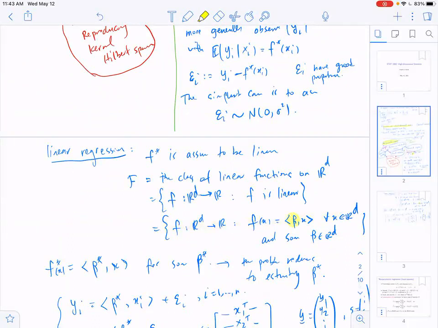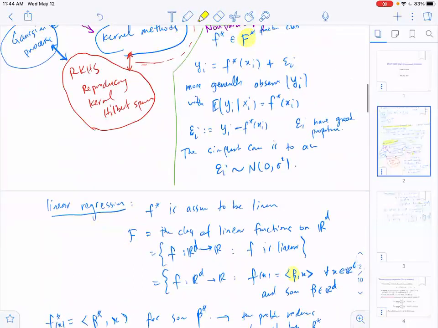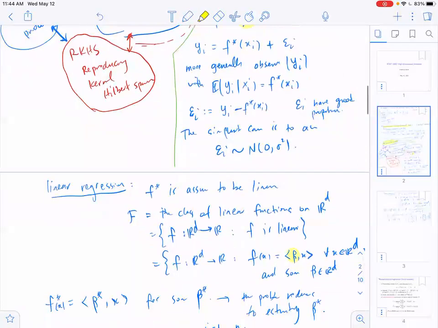The space of all functions, especially on R^d, is much richer than just linear functions. So by removing that assumption and letting F be a more genuinely infinite dimensional space, you would hopefully get a much better fit to reality.